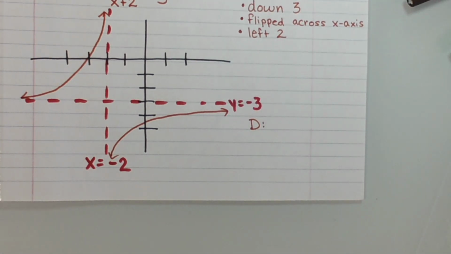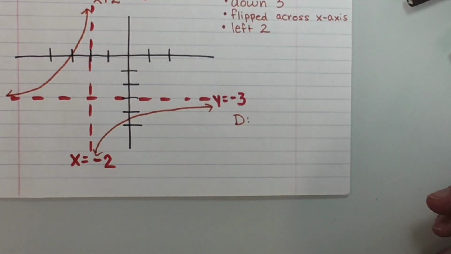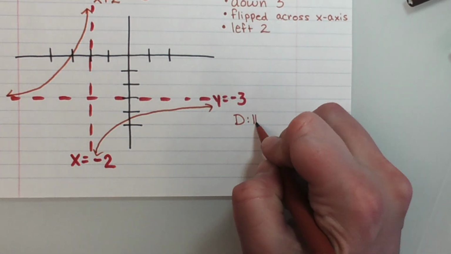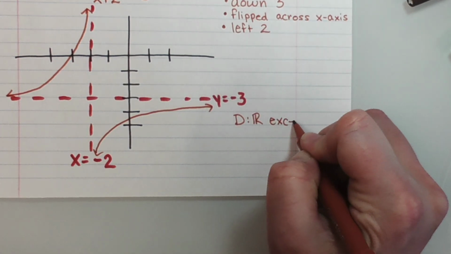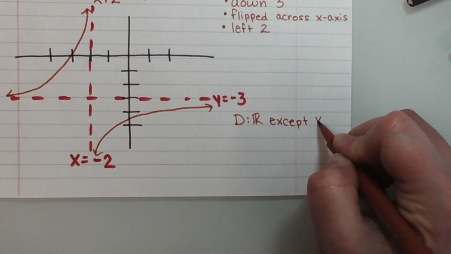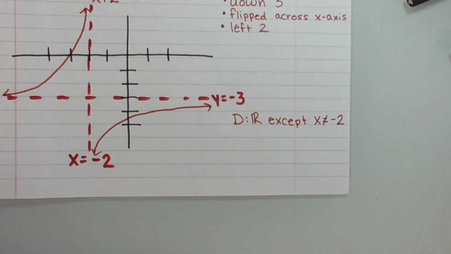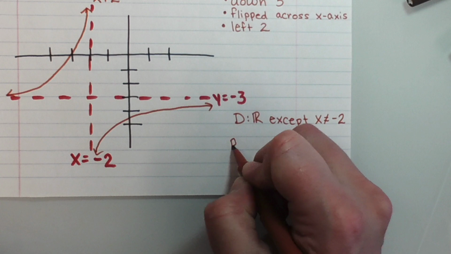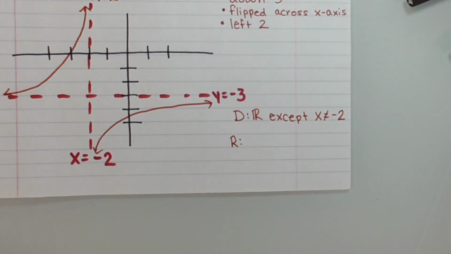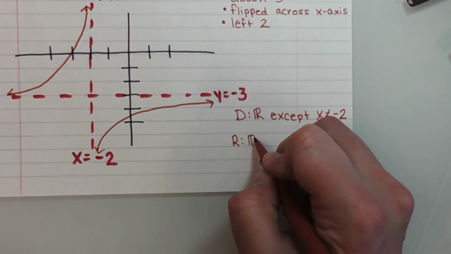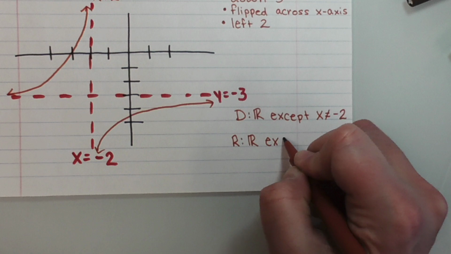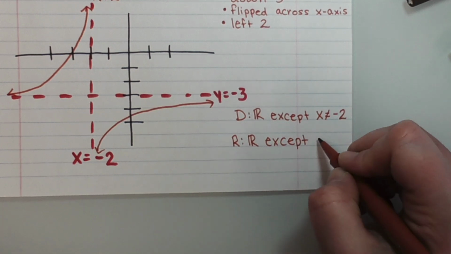Kristen, what's going to be our domain? All real numbers except x doesn't equal -2. You got it. Brooke, what's going to be our range? Good.